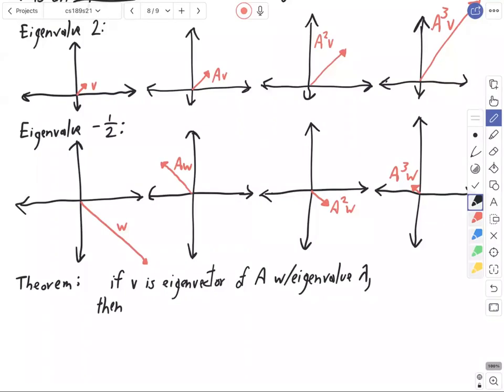As we've just seen, V is an eigenvector of those matrices too. So in general, it's an eigenvector of the matrix A to the K for any positive integer K. And the eigenvalue is going to be lambda to the power of K, because every time we apply A once, we're scaling the eigenvector by lambda.